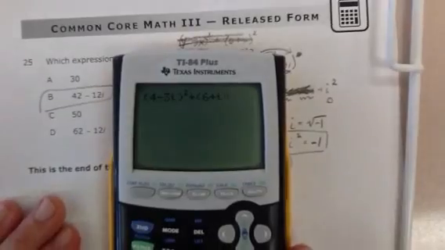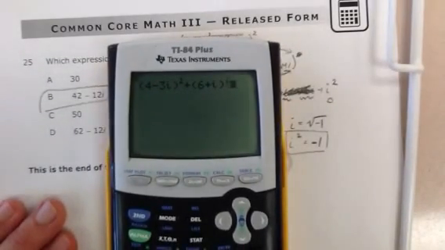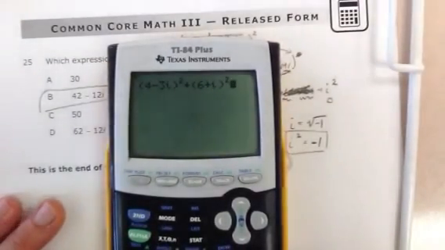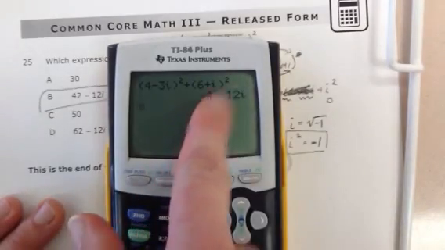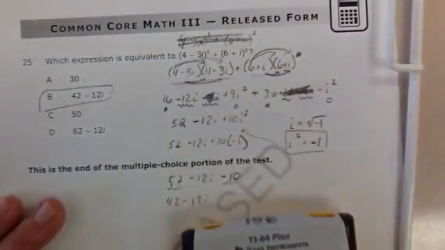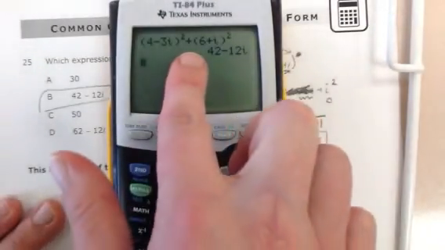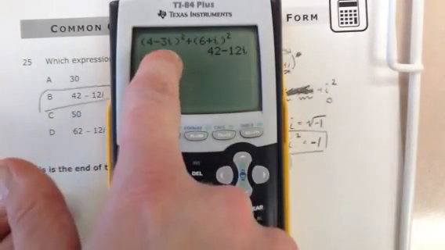So 6 plus i, close the parentheses, squared. And then hit enter, and the calculator actually does all of it for you. So all that work I did, the calculator will actually do for you if you just know where to find the i.